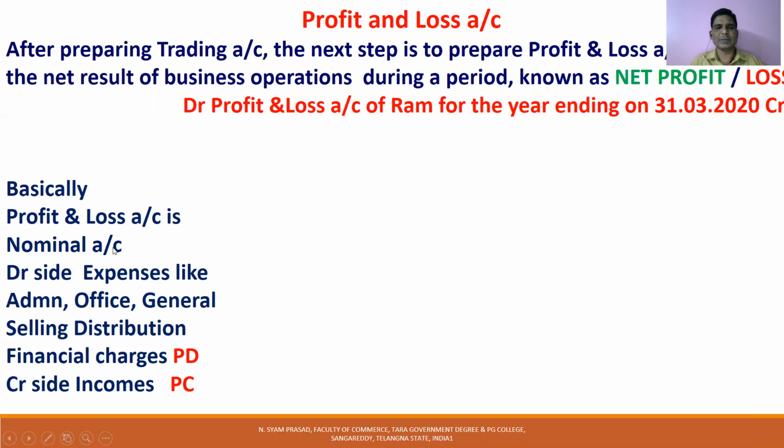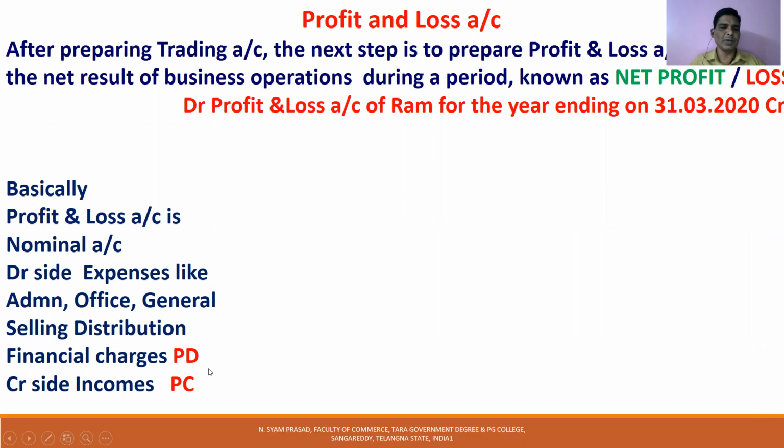So what are the expenses? You know very well, profit and loss account is also a nominal account, and you are debiting expenses and crediting income. So what are the expenses to be debited to profit and loss account? You remember expenses like administration overheads, administration expenses, office expenses, general expenses, selling and distribution expenses, and financial charges are debited to the profit and loss account debit side.